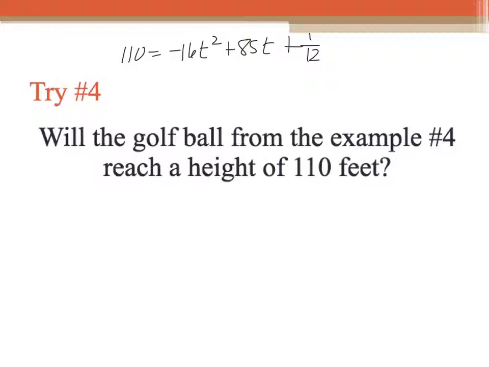Because I'm not going to keep dealing with fractions, I'm going to change that to a decimal. 1/12 is about 0.0833. So that would give me negative 16t squared plus 85t minus 109, and I'm going to round it, 0.92.